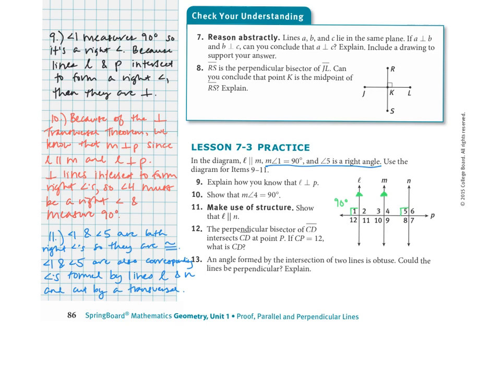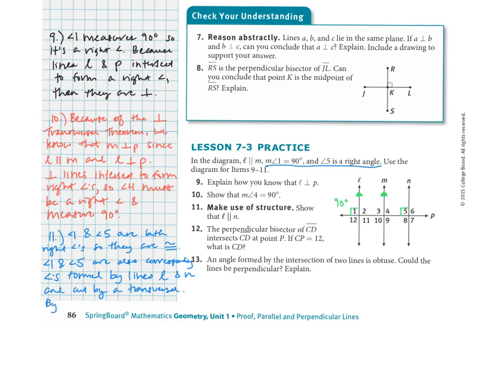We said that if two lines are parallel and cut by a transversal, then corresponding angles are congruent. Now we're going the opposite way. Do you see how we're using the converse of the corresponding angles postulate? That means if corresponding angles are congruent when two lines are cut by a transversal, which is exactly what we said, then the two lines must be parallel.